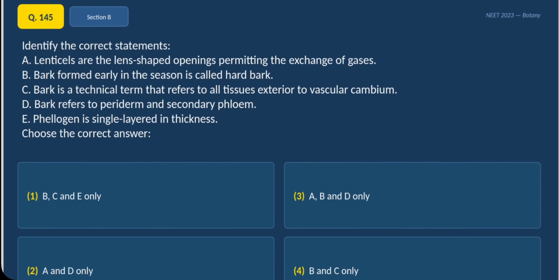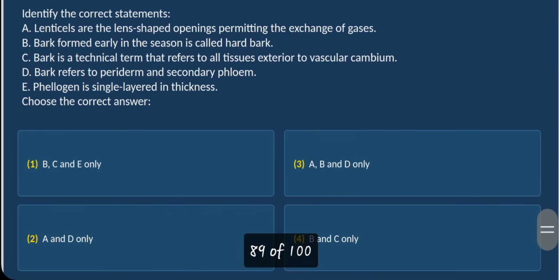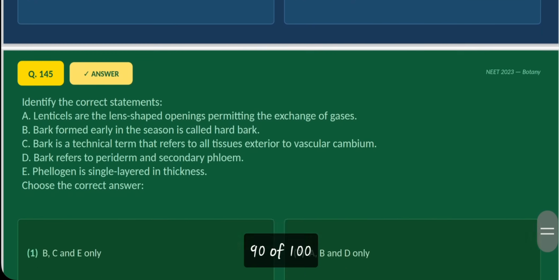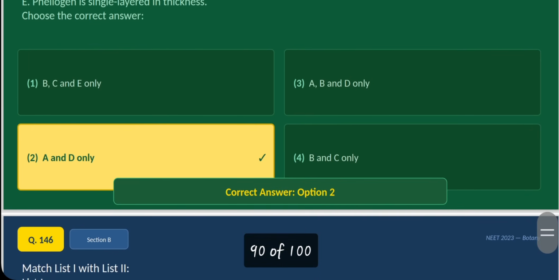Phellogen is single layered in thickness. That might not be the case. The correct answers seem to be, for me, A, D. Let me cross check. A and D only.